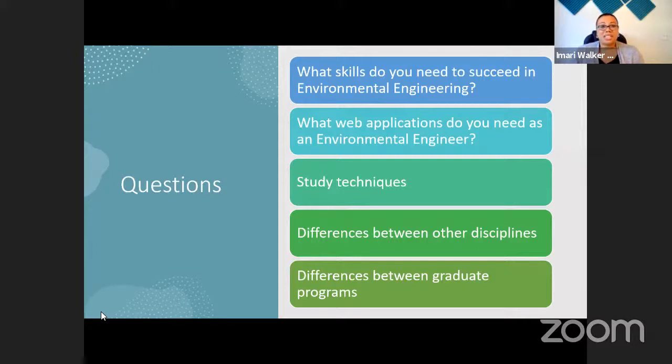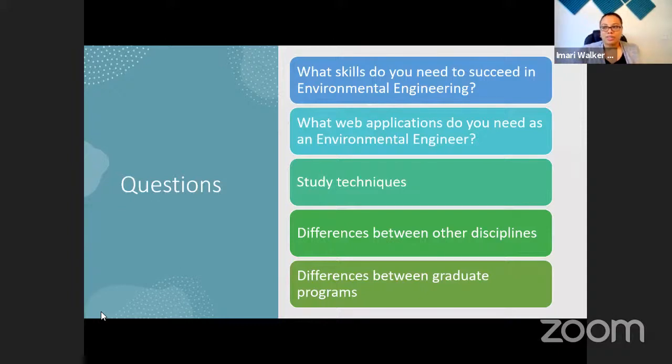What does it take to really succeed and be a good environmental engineer, at least in a school setting? And then some of the differences between different disciplines, and differences between whether you're doing a master's or a PhD after your undergraduate degree. And it's great to see everybody on the chat.